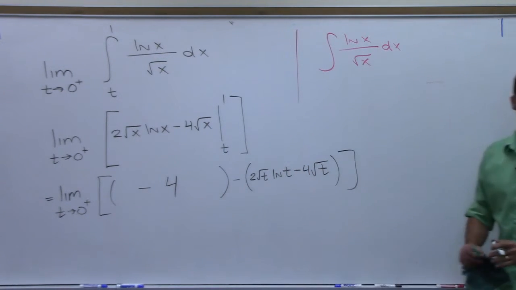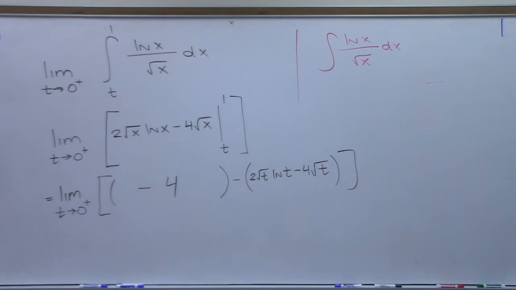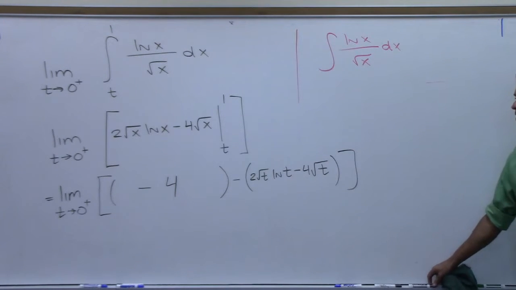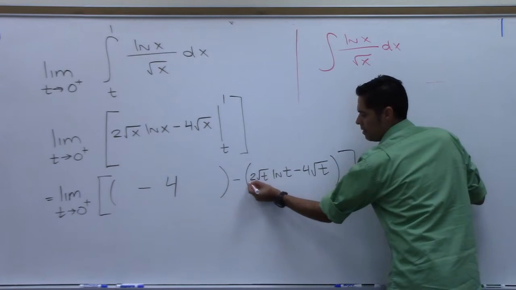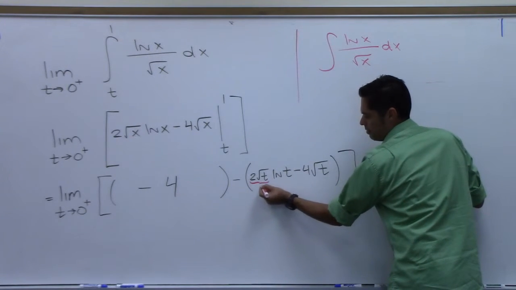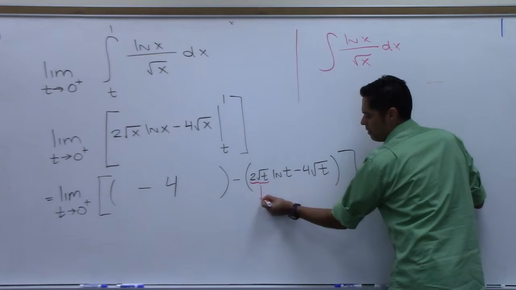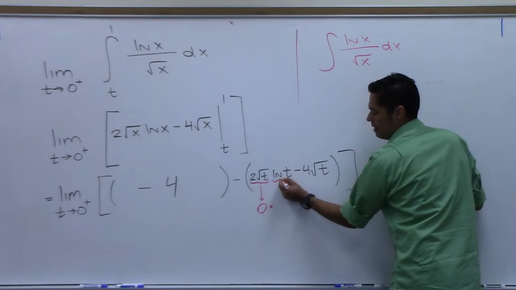This is the part you have to be really careful about. If t approaches 0, the root t part goes to 0, times natural log of t.